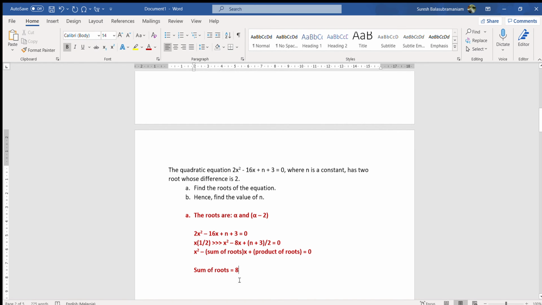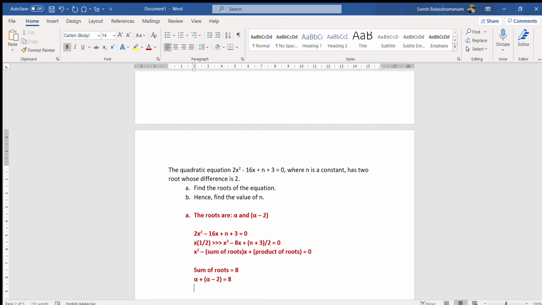So what is the sum of roots? It's alpha plus alpha minus 2 equals 8.